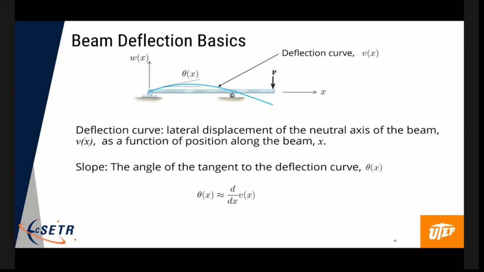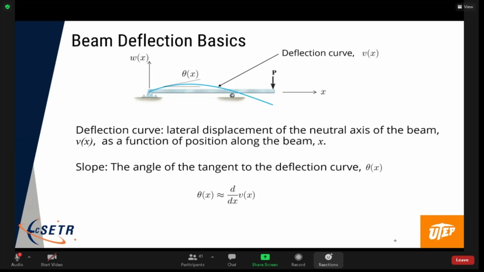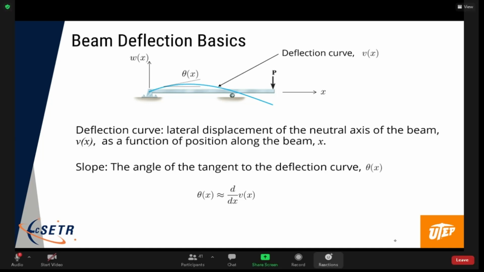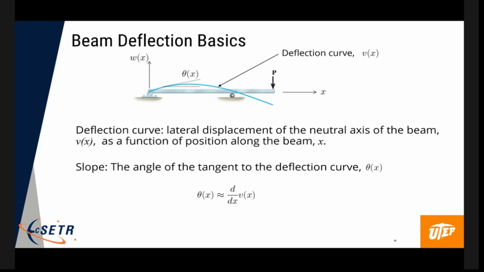It's the same beam we covered in chapter 5 or 6, I forget which. But now we need to find the deflection. This blue curve is a plot of the center line deflection.